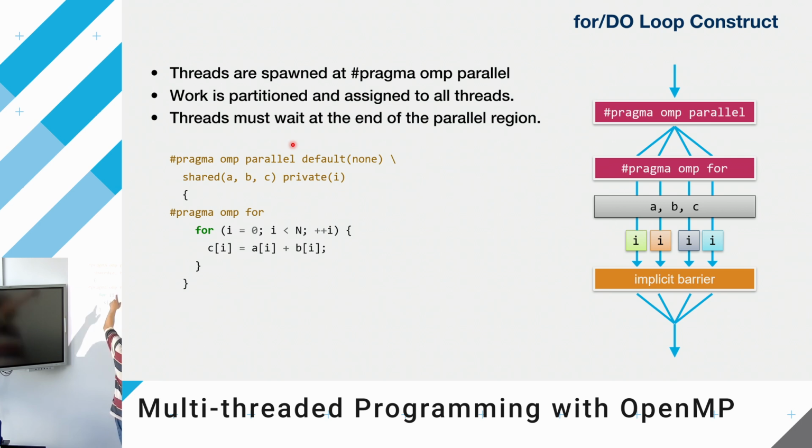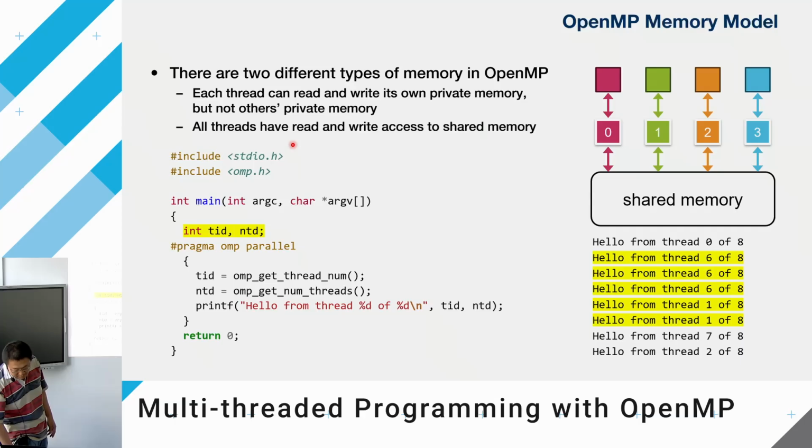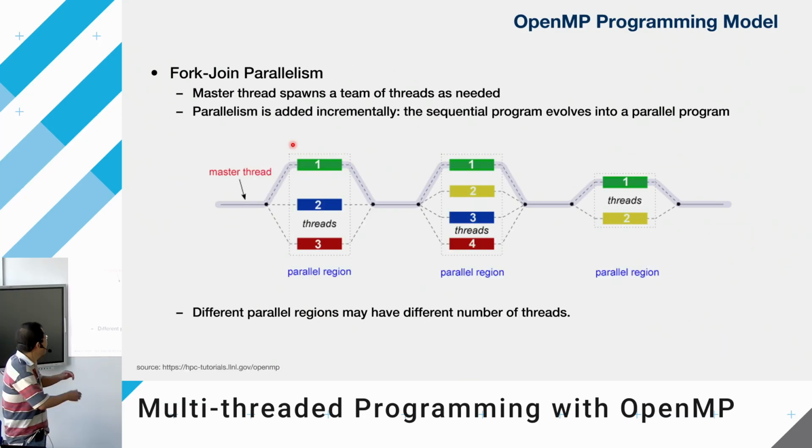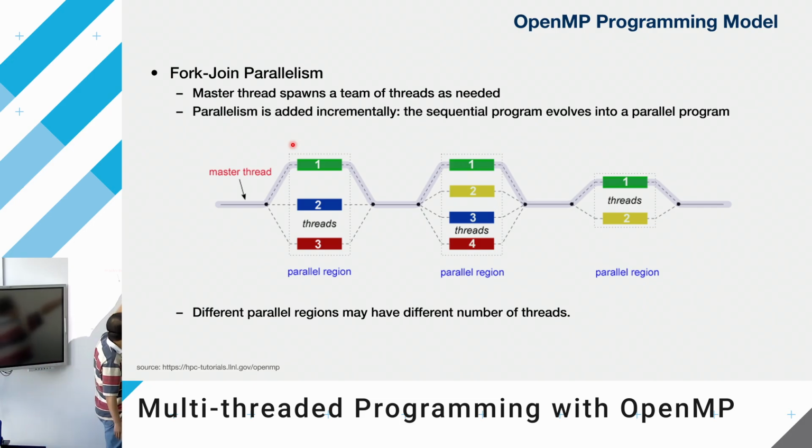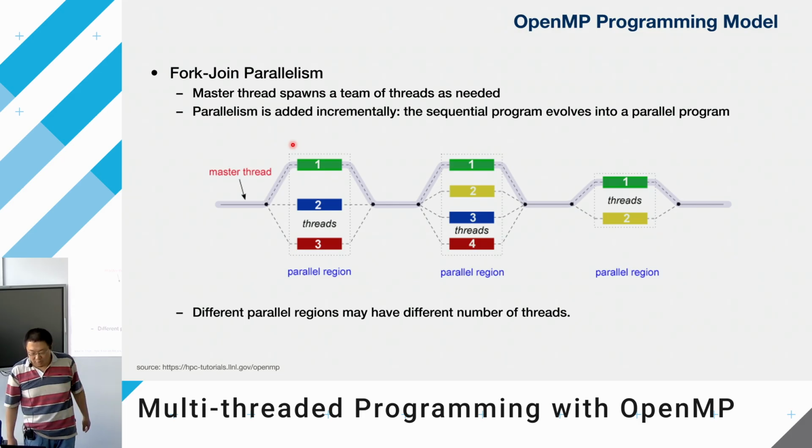This is the third sentence. Threads must wait at the end of the parallel region. Why? Because of the so-called fork join parallelism model. So in the beginning, you have this fork, and then in the end, you have this join, and then fork and join. That's the OpenMP fundamental model.